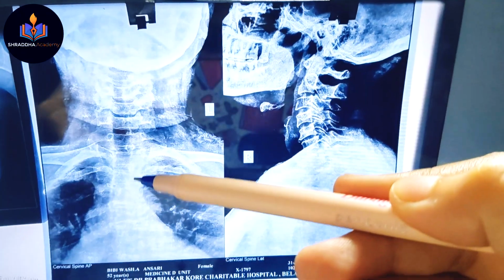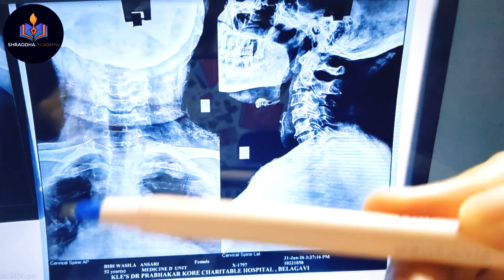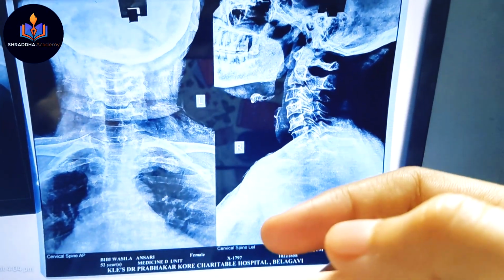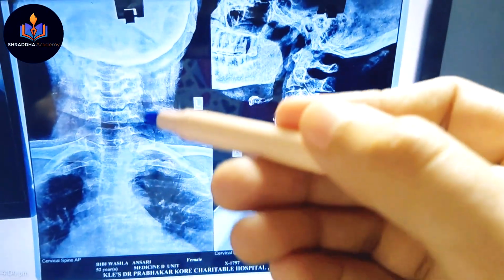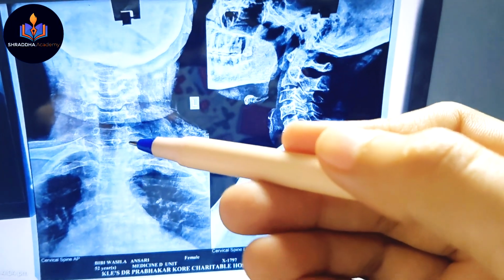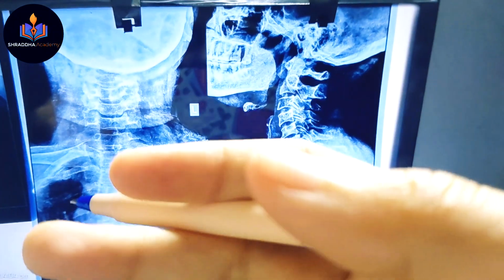Then it continues as the thoracic vertebrae, then lumbar, and then the sacral vertebrae. Okay, so the cervical vertebrae are totally 7 in number, and then it continues as the thoracic vertebrae which are 12 in number, and then lumbar vertebrae are 5 in number.